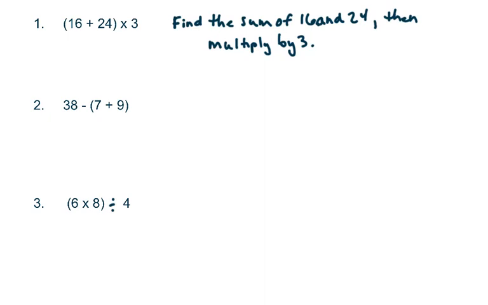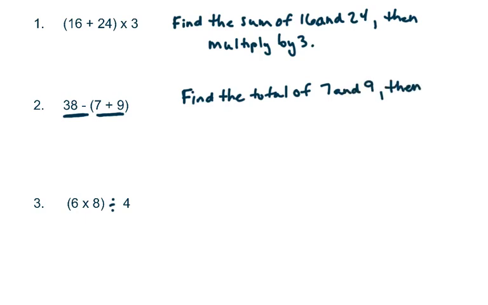In this next one, I noticed that I have that tricky situation where I'm taking a certain thing from another. So I'm going to first cover the 7 plus the 9. So I'm going to say find the total of 7 and 9. Then subtract it from 38.